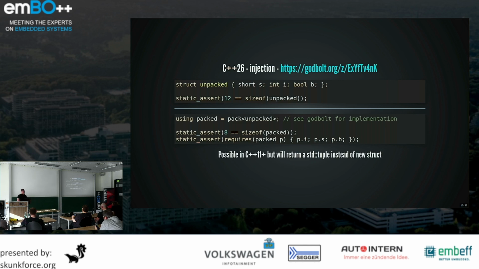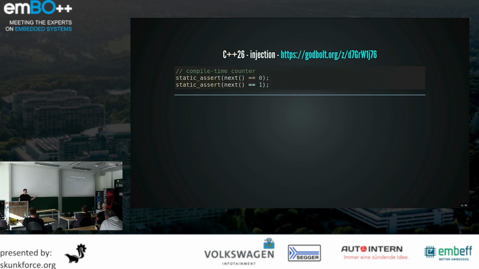Because this thing is totally possible with the to-tuple trick with structured bindings, get the fields, and sort them by size in 11 or 14, whatever. But you cannot get the names in the new struct, right? You cannot do that. You will have to get them by number. So reflection allows to do that. So that's pretty cool.